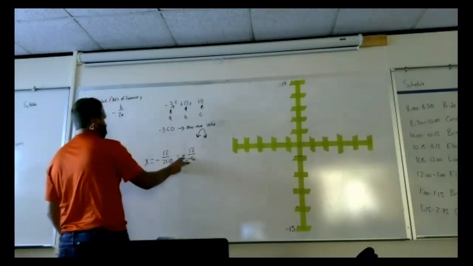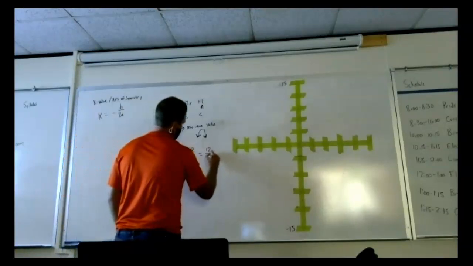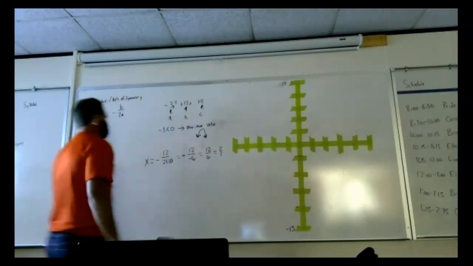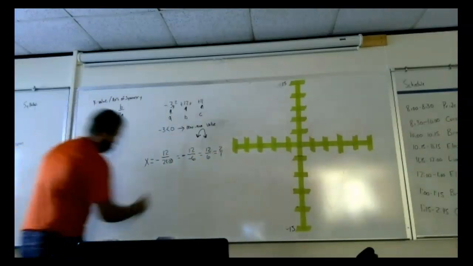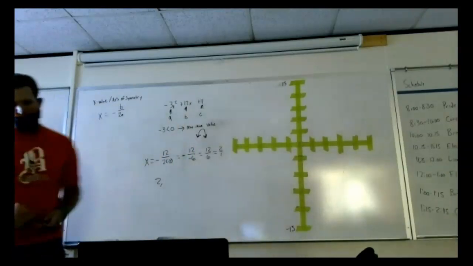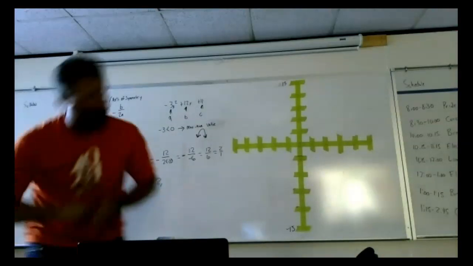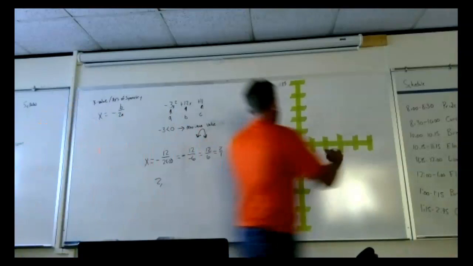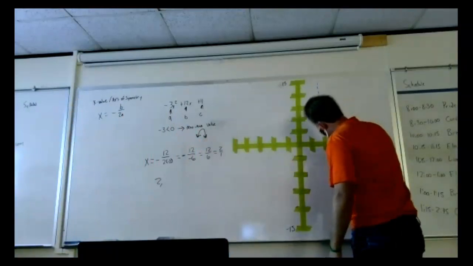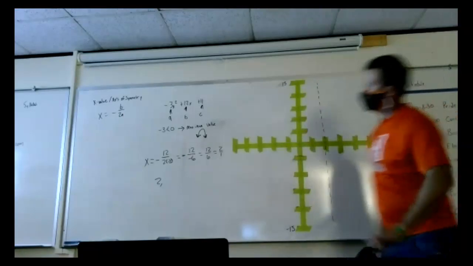I have 2 negatives here, so they're going to cancel out to give me 12 over 6, or 2 over 1 after simplifying. So the x value of my vertex is 2. Okay, that's also where my axis of symmetry is going to come in. So on my graph, I know that this value here is where my axis of symmetry is.